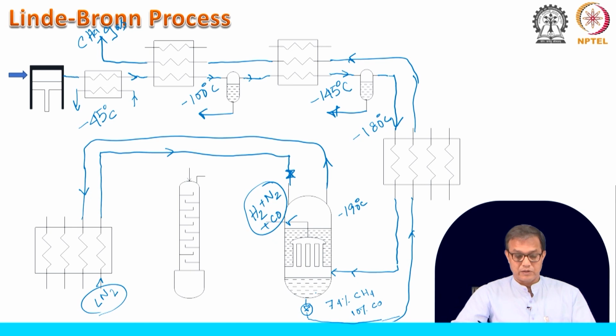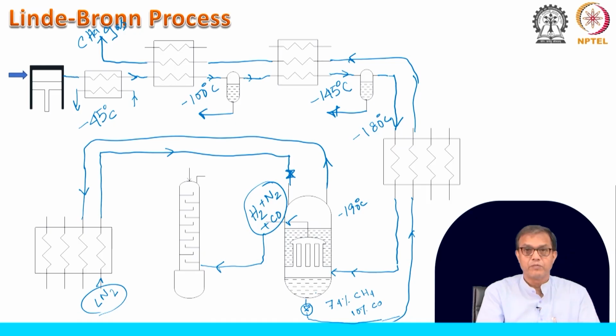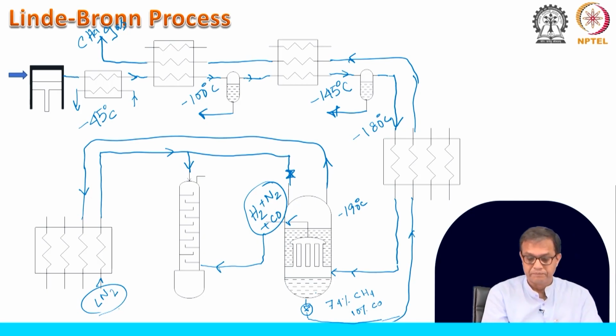This mixture will be coming at the bottom, and we want to wash it with liquid nitrogen. You may remember that earlier we provided some refrigeration with the help of this liquid nitrogen.